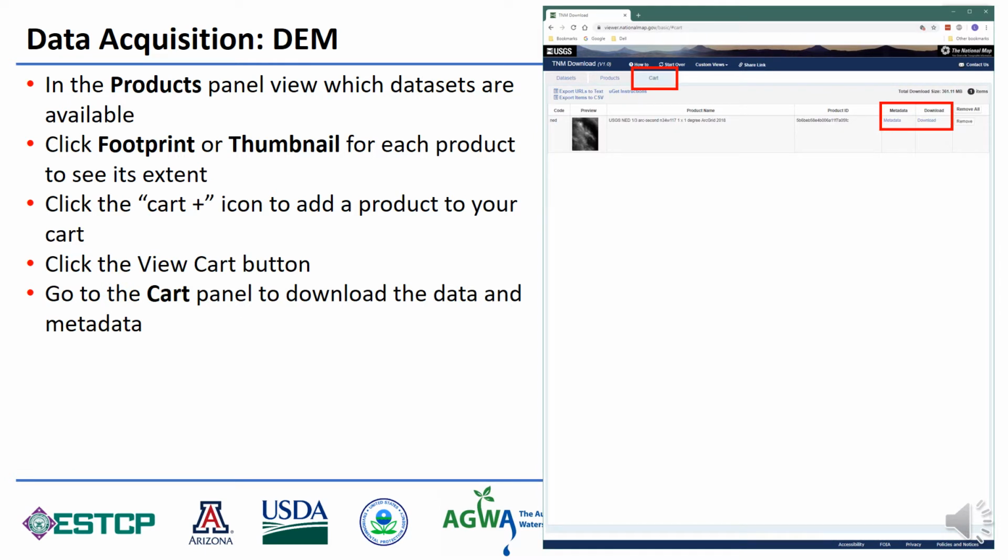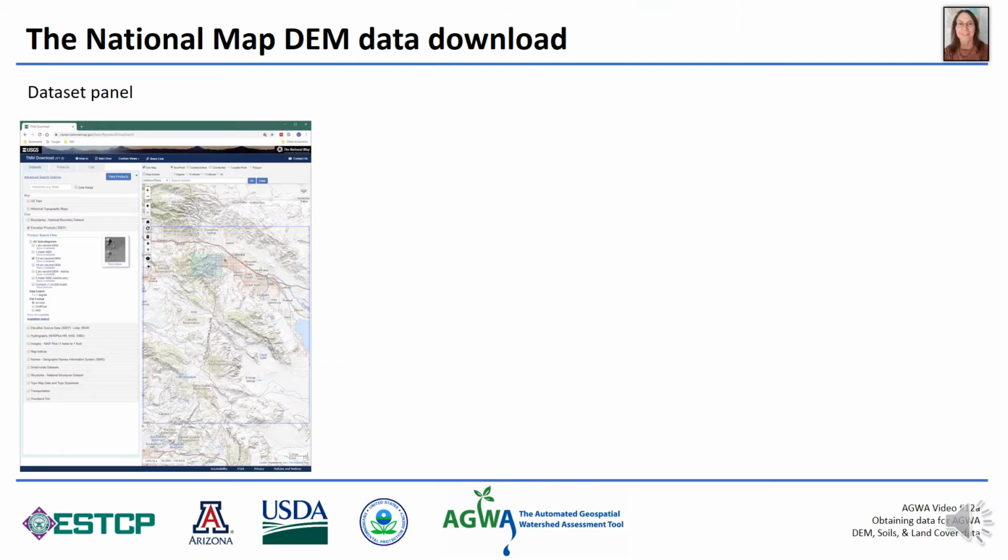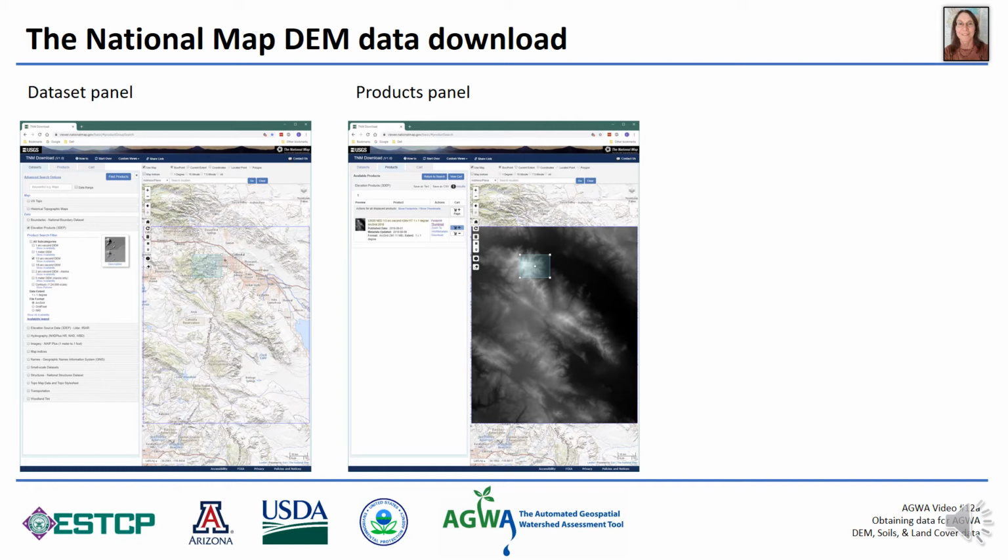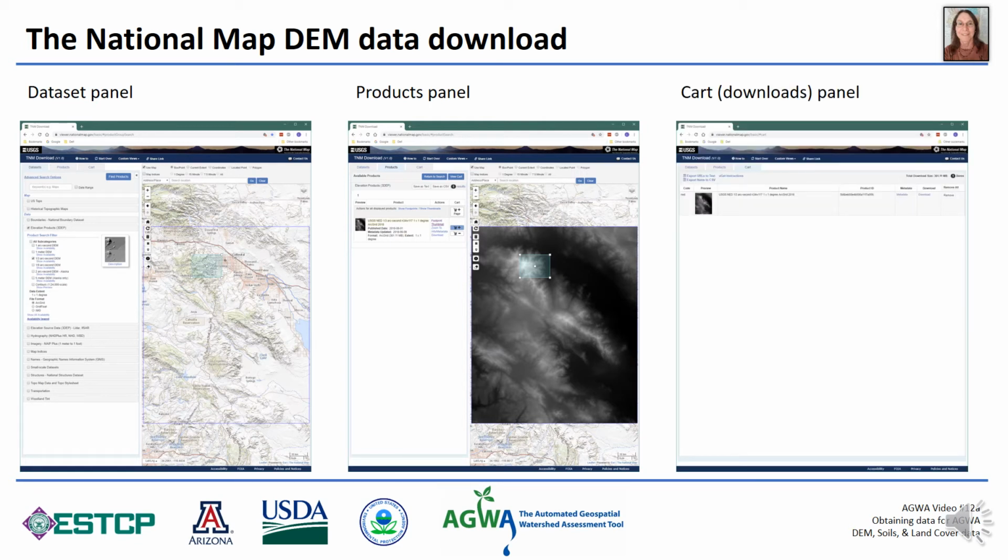In the Cart panel, download the data and metadata for the products you selected. Again, there are 3 main screens you'll access to select and download your DEM data. First is the Dataset panel, where you identify the type of data you want. Next is the Products panel, where you can review the available data and select the datasets to put in your cart for download. Then finally is the Cart or Downloads page, where you download the data.